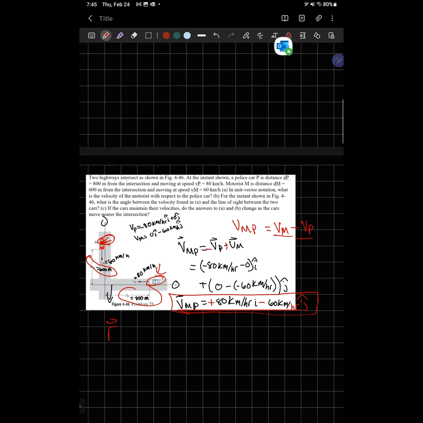Some people use X, but R is what's most common. So the R from this car to this car is going to be represented as 800 meters I hat minus 600 meters J hat. Does that make sense? Yeah, and it's a minus because he's going down, right? Exactly.